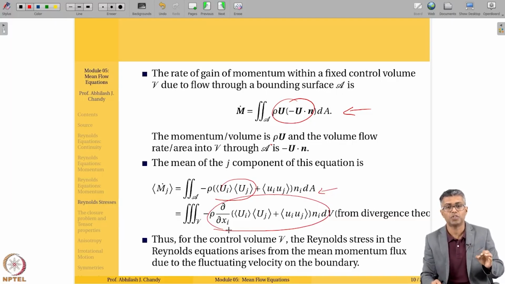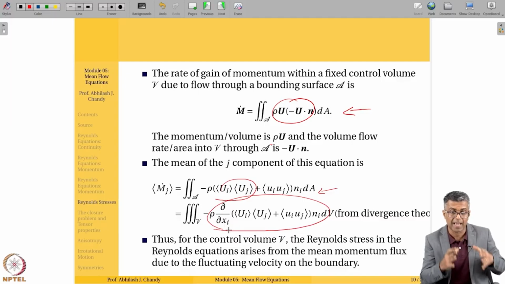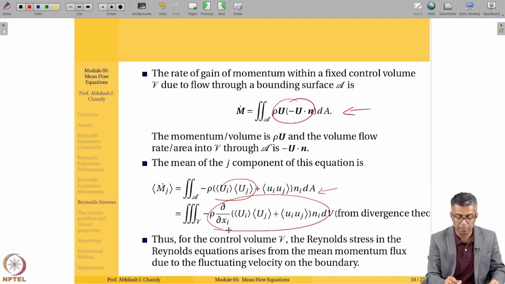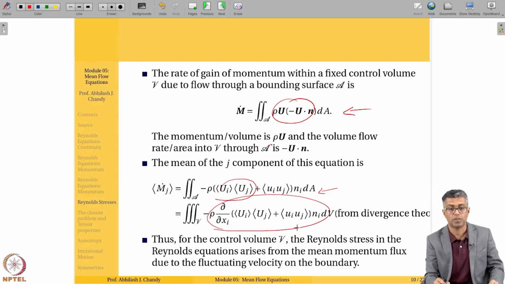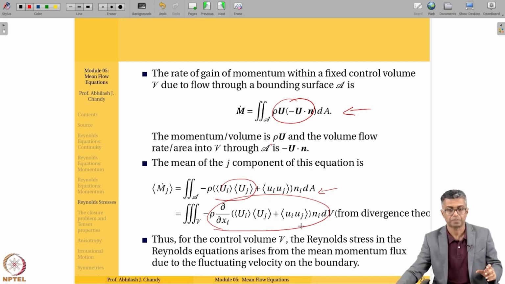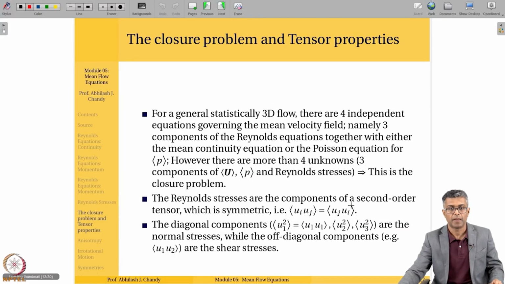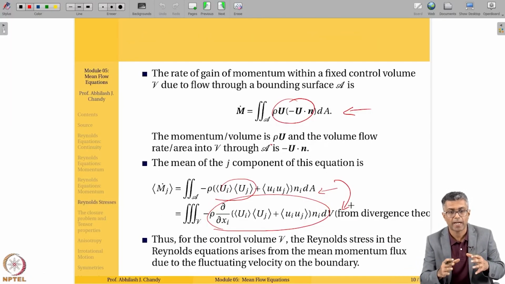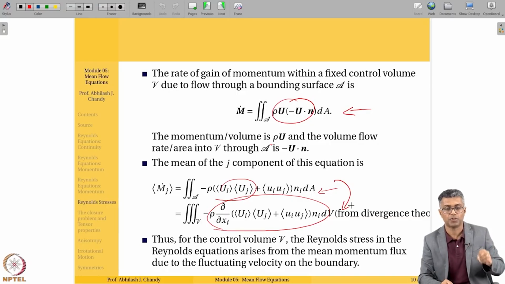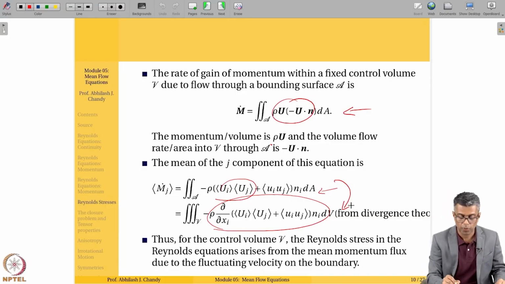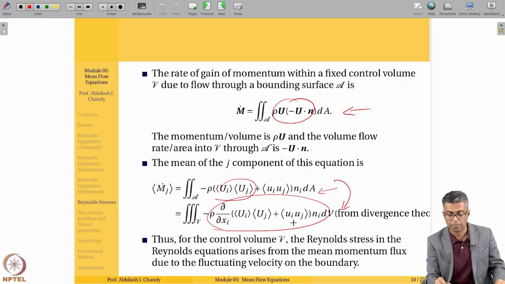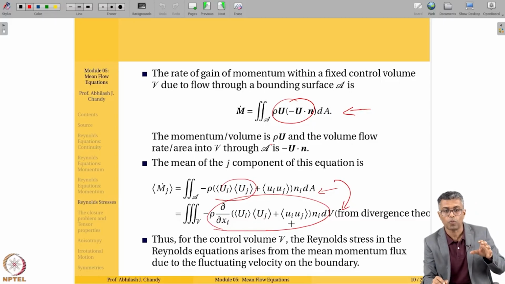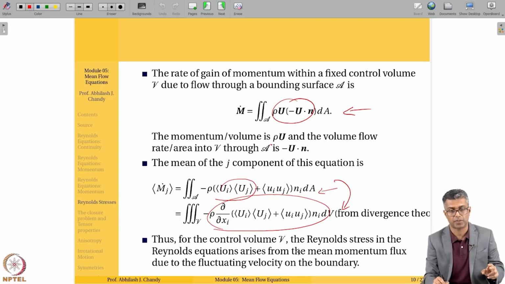So the mean of the j component of the gain in momentum is given by del xi of ui uj mean plus the ui uj Reynolds stresses. From here to here, you obtain it through the divergence theorem. So what we are trying to show is that the rate of gain of momentum comes from two components.